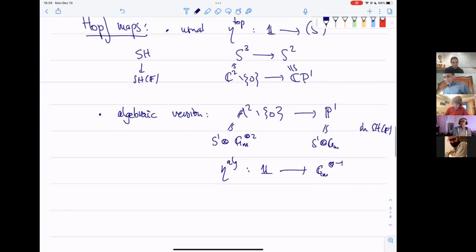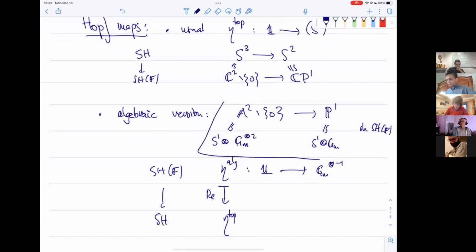And this guy lives in SHF, and it realizes when you realize it down. So when you go to SH, it will also go to the classical topological one, just because this picture here realizes onto this one.